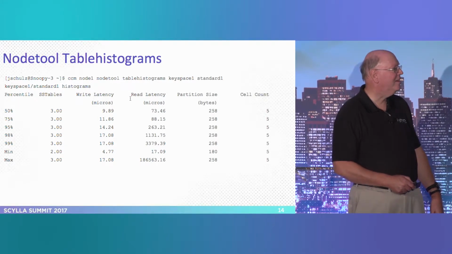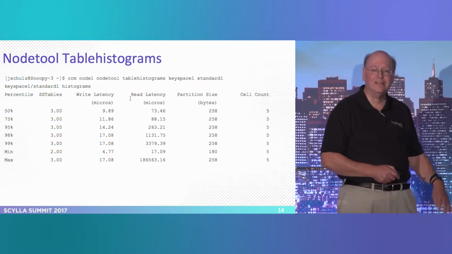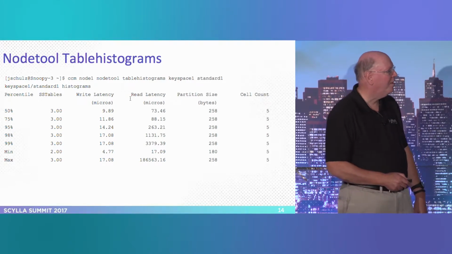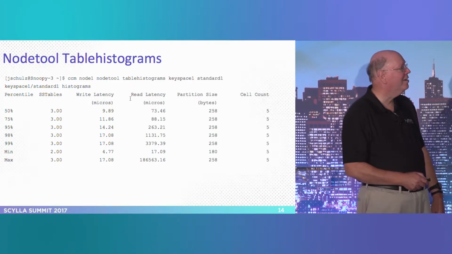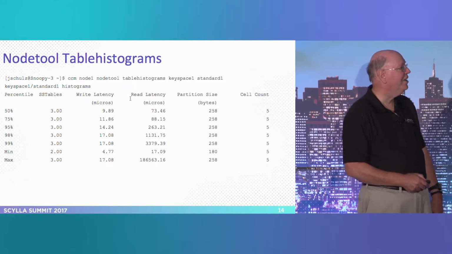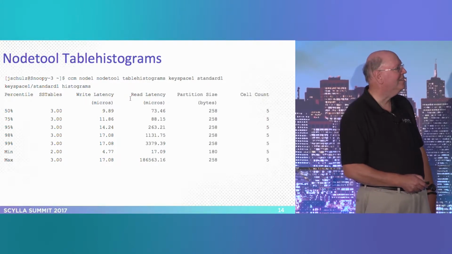This is basically saying that in this particular environment, this particular table has 3 SSTable files. And you can see here, again, my write latency is like 9.89 microseconds average. That's like tiny. The read latency is like 73.